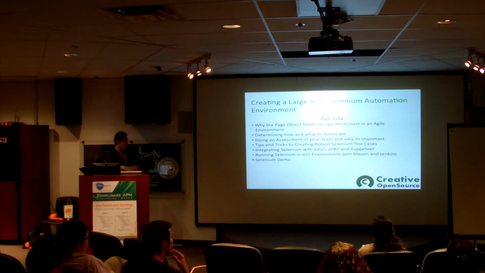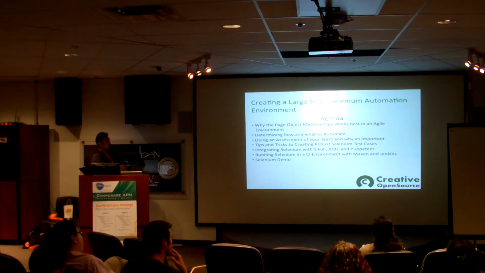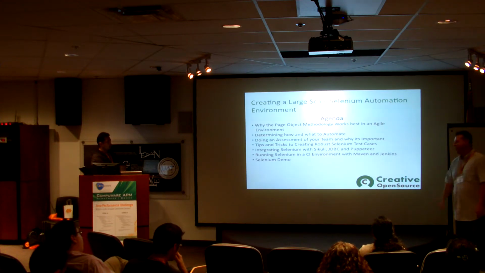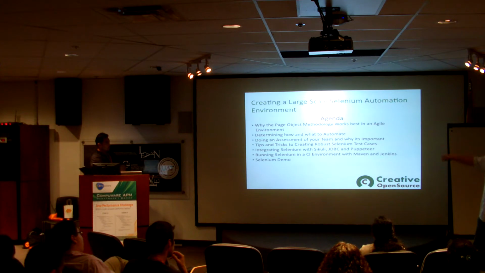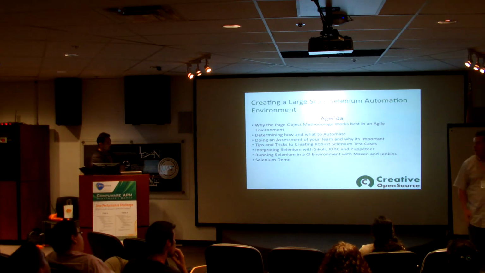They've never done an assessment, and they pick a tool that does not work with Agile. And then I'm going to try to give you some real tips and tricks and try to save you a lot of pain if you do go into a Selenium automation environment. And then I'm going to talk about some of the stuff you can do with Selenium, JDBC, and Puppeteer. And I'm going to give you the basics of using Selenium in a CI environment and then give you a little demo.